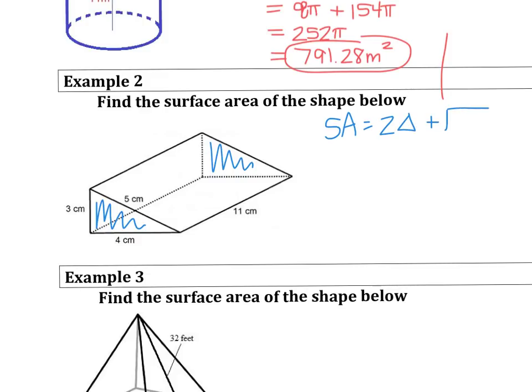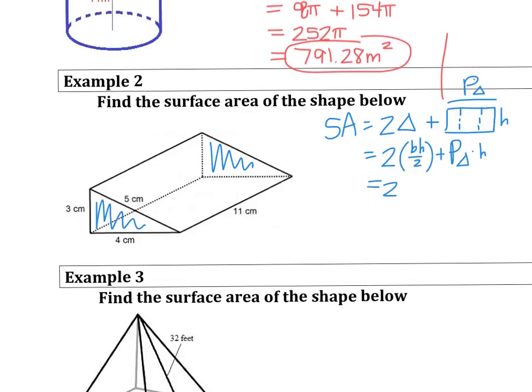We treat them though as one, almost like a Bounty towel that's being unwrapped, like a select a size. Now our formula is 2, and then you have half base height, or base times height divided by 2. Plus, when we were to unroll this, it's actually the perimeter of the triangle times the height. This height stays the same, but your base, if you will, is the perimeter of the triangle.